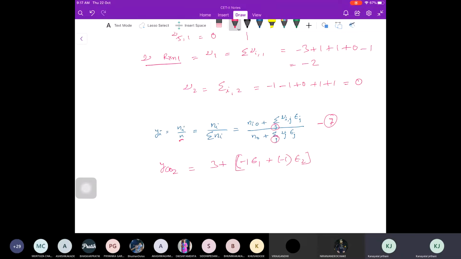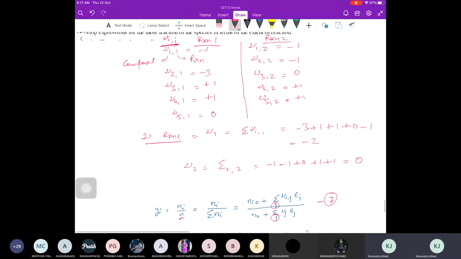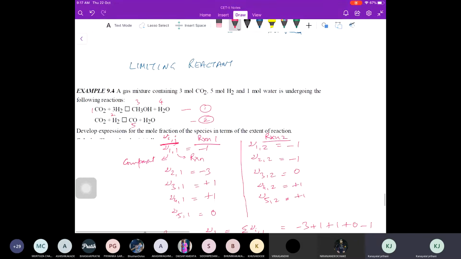Equal to what? Divide by n0. How much is n0? Initial total moles. n0 is 3 plus 5 plus 1, right?